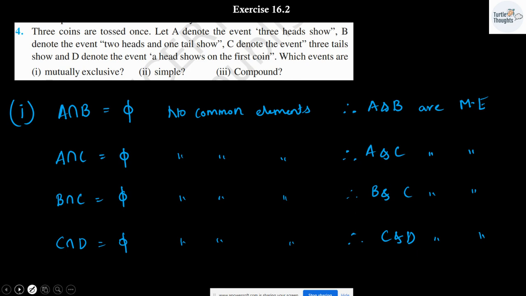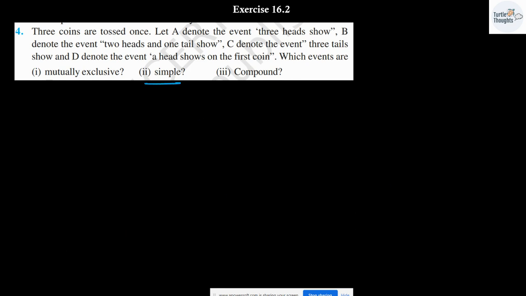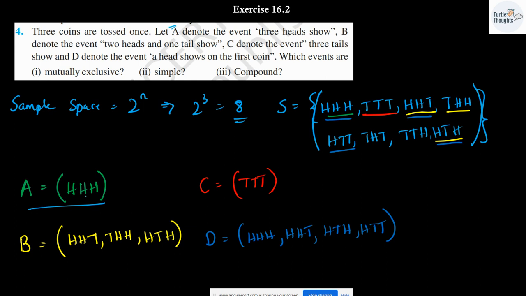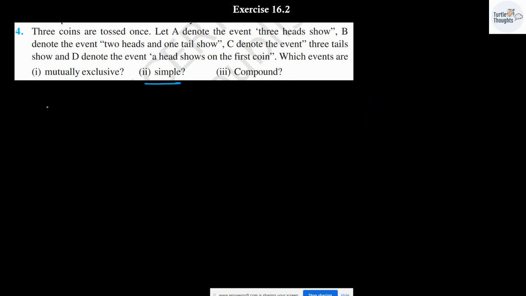Next, we can go for simple events. Simple events are events that have only one element. A has only one element, HHH. C has only one element, TTT. Only one element is there in A and C. That is going to be your simple events.